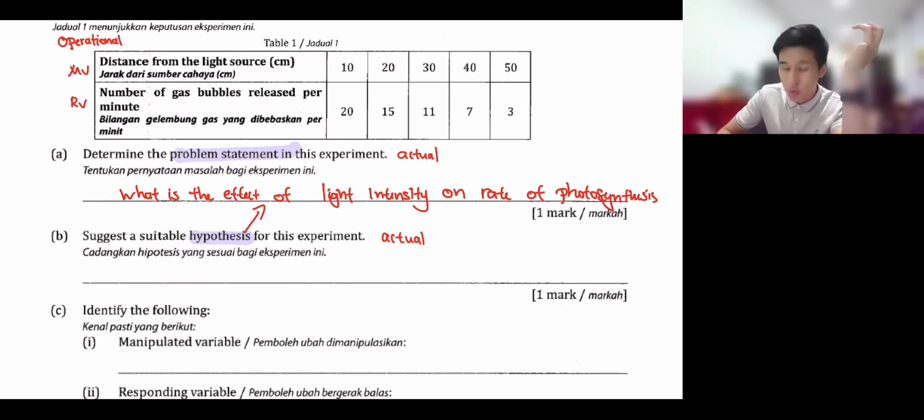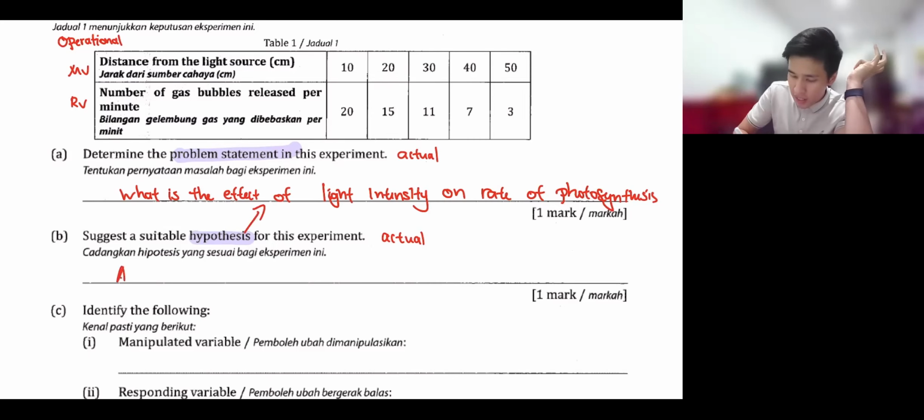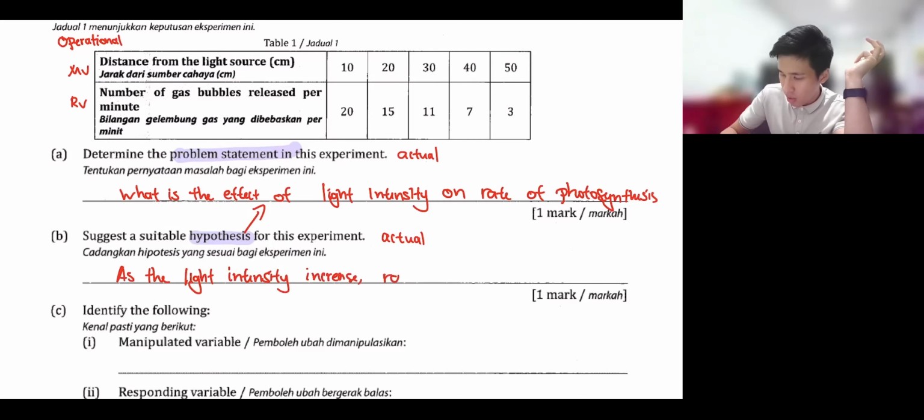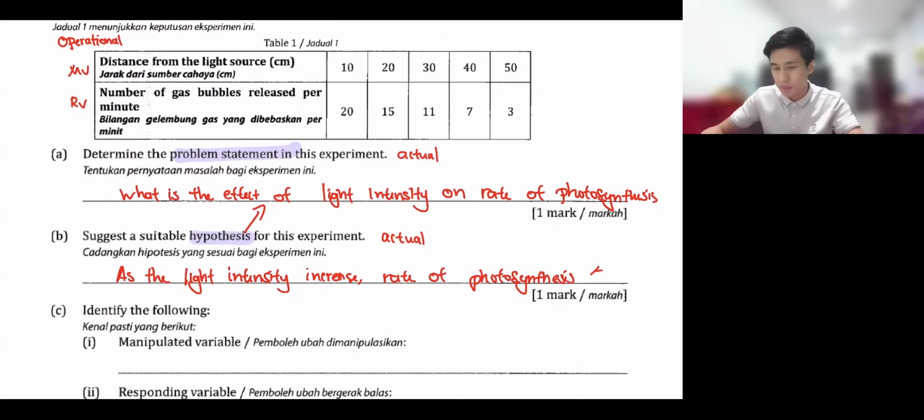You're guessing this, so of course you follow this one. So as the light intensity increases, rate of photosynthesis increases.